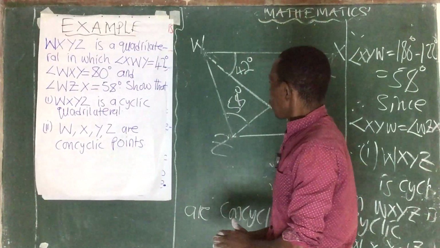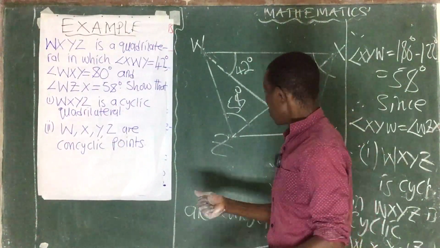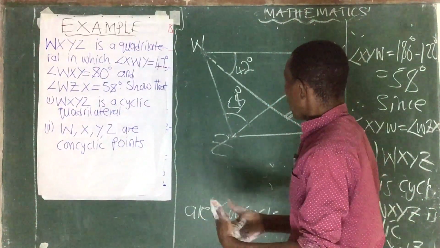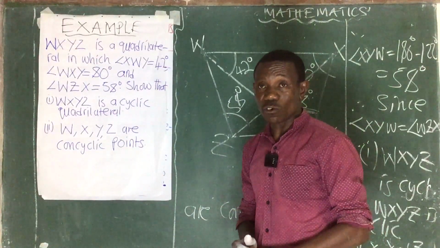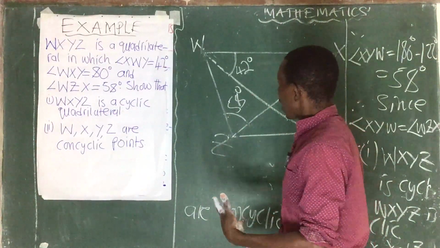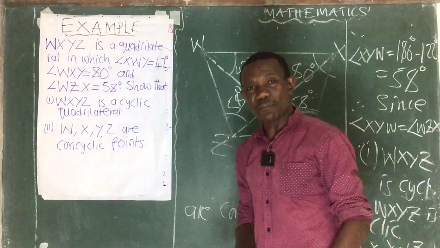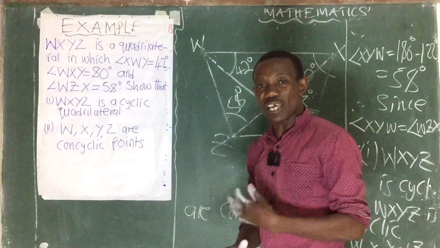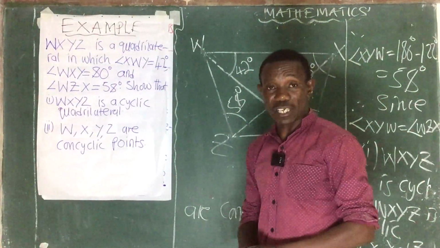So that we are conversant with what we're doing, because some questions come very complicated, and you need to at least have knowledge about it. So when they ask you to prove a particular quadrilateral is cyclic, and that the points are concyclic, these are the stages which we take.